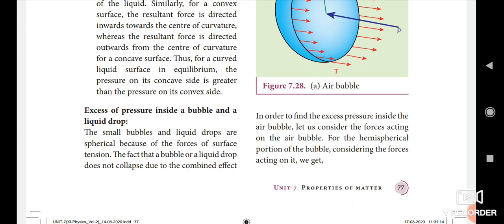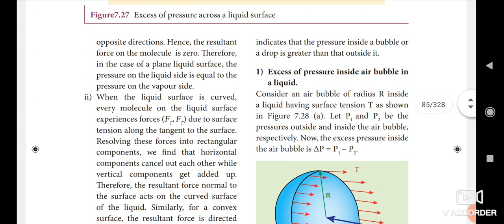The fact that a bubble or a liquid drop does not collapse due to the combined effect indicates that the pressure inside a bubble or a drop is greater than the pressure outside it.